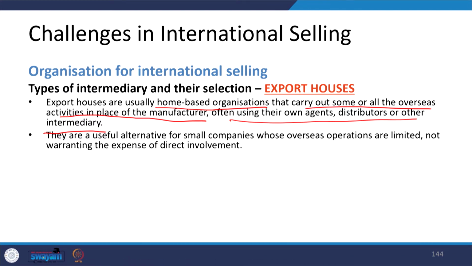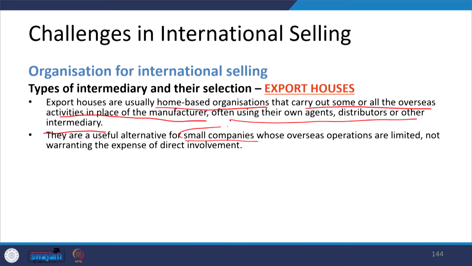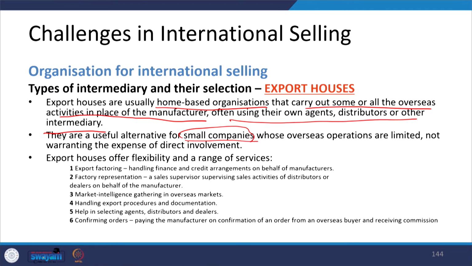They are useful alternatives for small companies who can't leverage that kind of presence in overseas markets, or whose overseas operations are very limited, not warranting the expense of direct involvement. So for these small companies, export houses can be a good way to sell their products internationally.